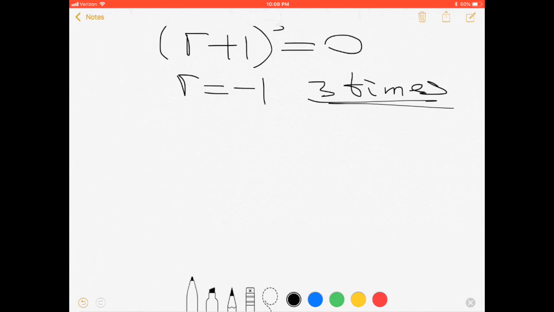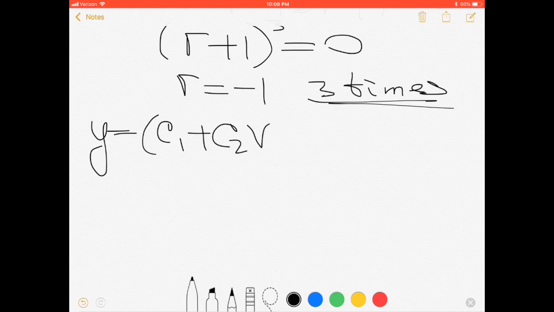This is very important here. This means our function depending on v will be (c1 plus c2 v plus c3 v squared) times e to the power minus v. But v is not the variable we're solving for. It's something that will help us. Okay?